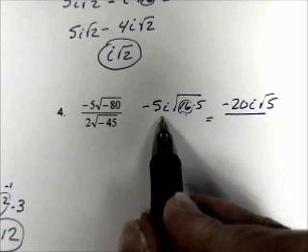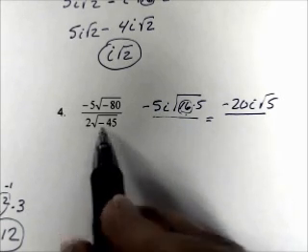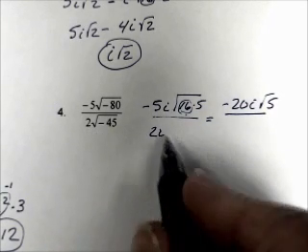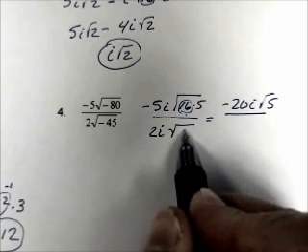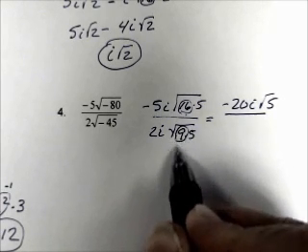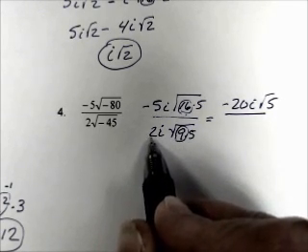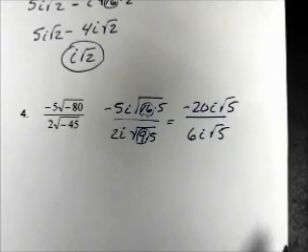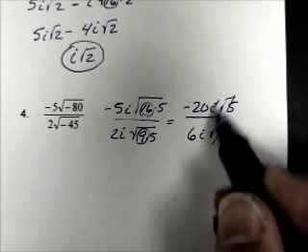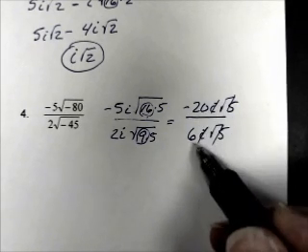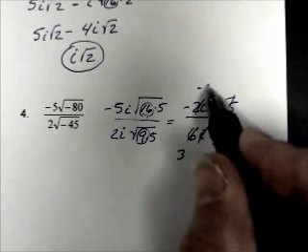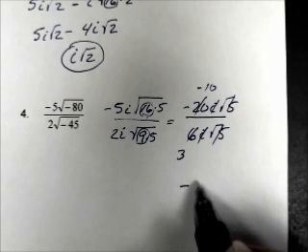And our denominator, negative comes out as i, and 45 would be 9 times 5. Square root of 9 is 3. 3 times 2 is 6. 6i square root of 5. Square root of 5's divide out. The i's divide out. And the negative 20 and the 6 dividing by 2, we have 3 and negative 10. So this is equivalent to negative 10/3.